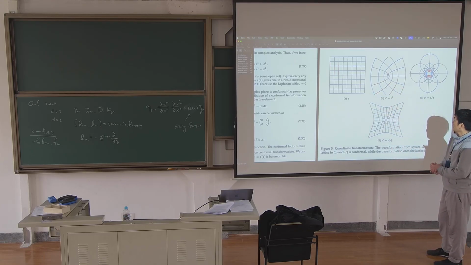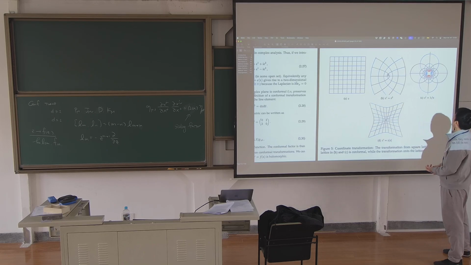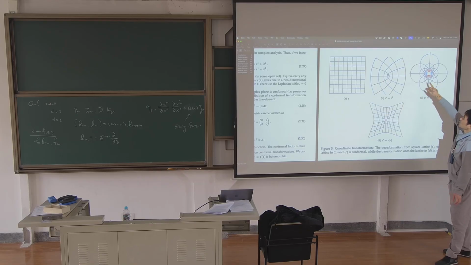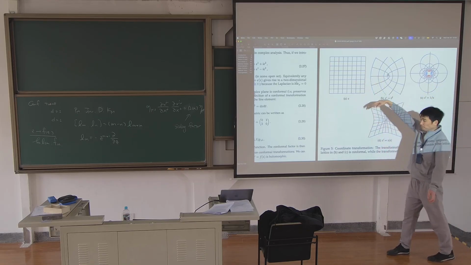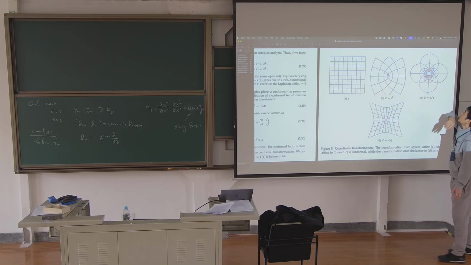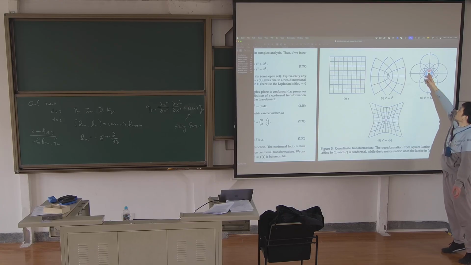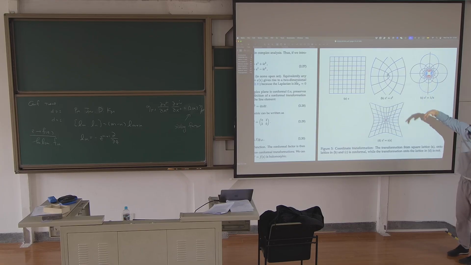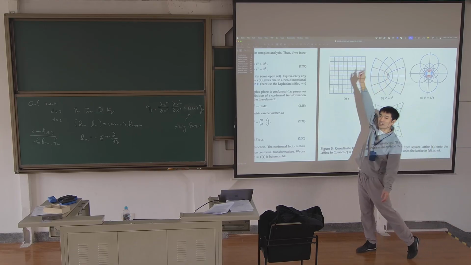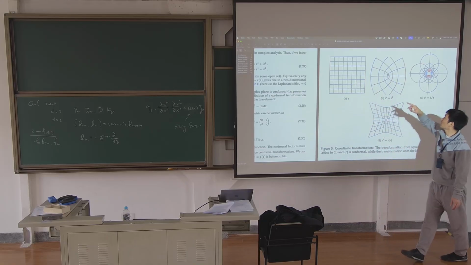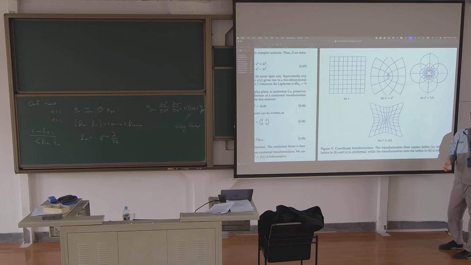Now z goes to 1 over z: the grid lines become circles, and the circles all intersect the origin, because infinity is mapped to the origin. The straight lines go to infinity, so all the lines have to intersect with the origin.